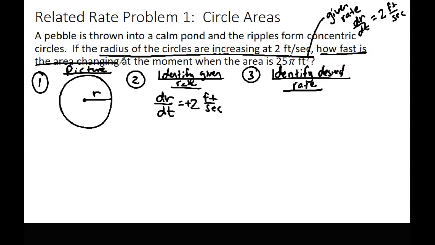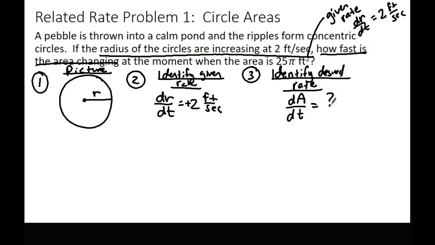So they want me to find, how do I write that symbolically? dA/dt. You could do dr, but we're not doing that. It's dt. We're going to do dt. And there you go. Now, we don't know what this is yet. We're trying to find that.